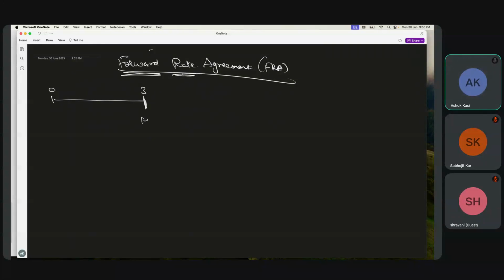Okay, let's say at 10% rate for the next 6 months. So 3 to 9 is 6 months. So today you are entering into the contract that after 3 months you will borrow at the rate of 10%, $1 million, and that is for 6 months. This is FRA. Okay, FRA is an over-the-counter contract.